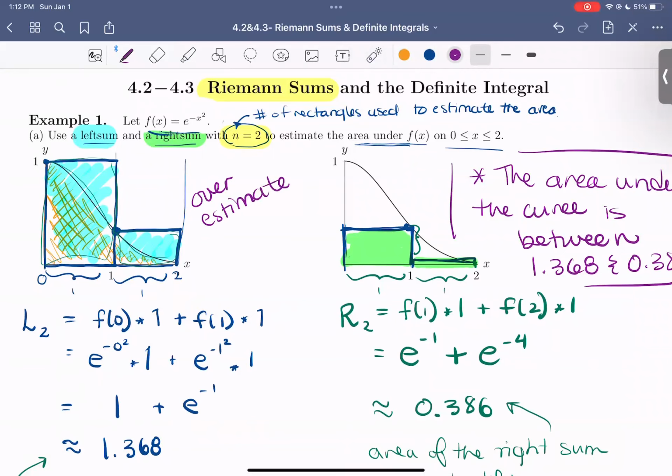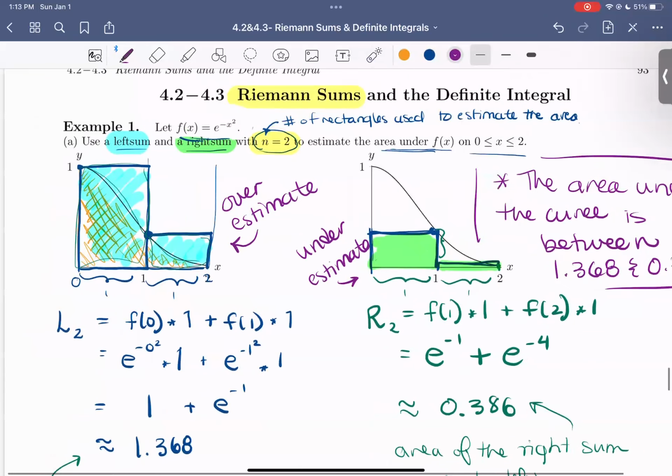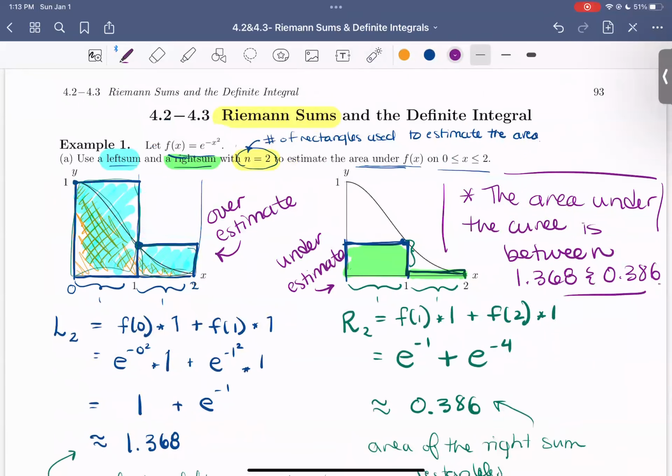And the right hand area we computed was an underestimate. And it's not always the case that left-hand sum will be over, right-hand sum will be under. It depends on the function. And you might want to draw some examples of other functions to see where or how you can determine what's an over or underestimate.